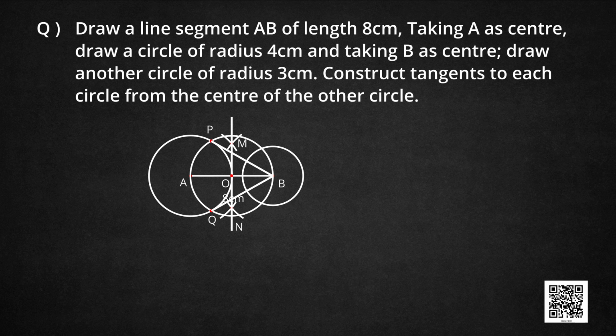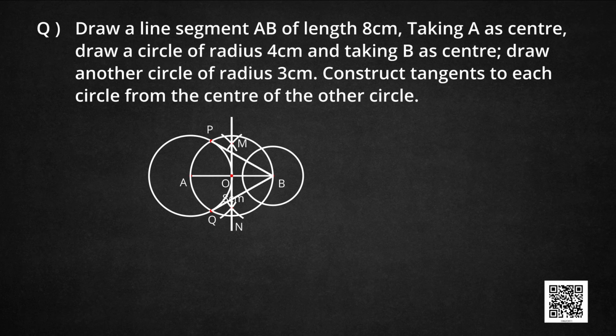Now children, similarly, we have to draw tangents to the circle with center B from the point A. So the method remains the same. First of all, we had to join the external point with the center, which is already done. Then we had to draw the perpendicular bisector of AB, which is again already done, that is, MN is the perpendicular bisector.